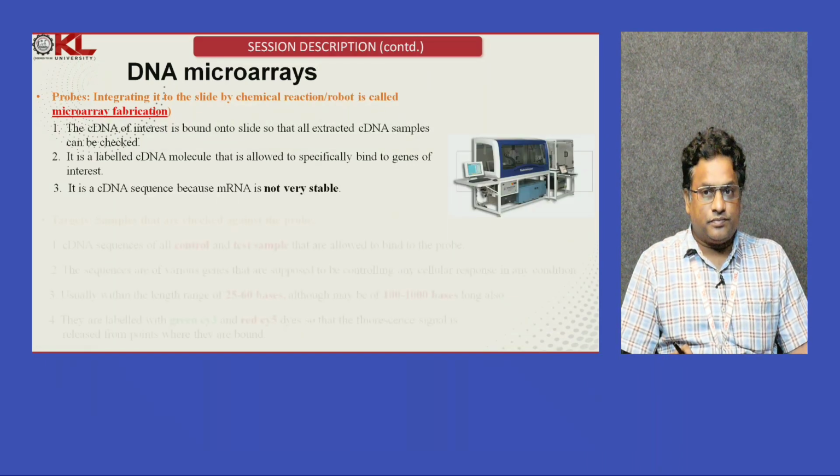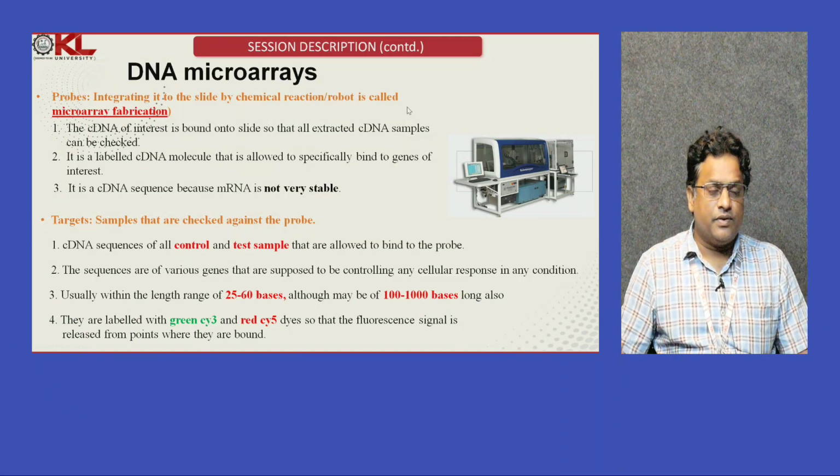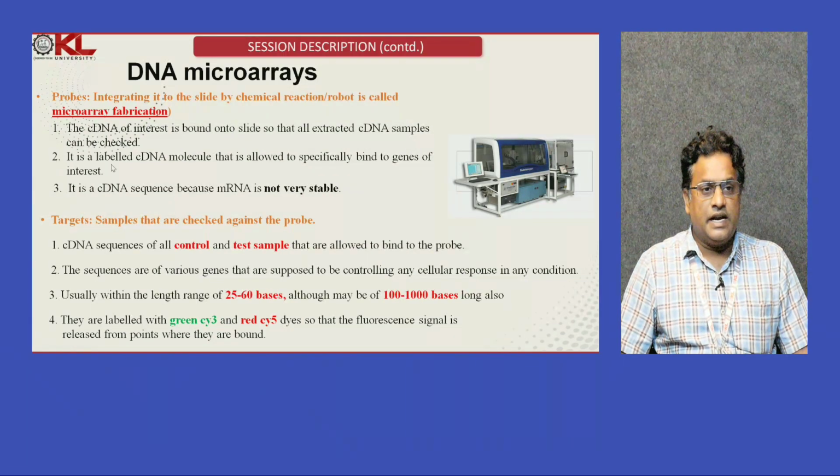This is how a DNA microarray station looks. You have a probe which is attached to a slide by chemical reaction, and you use robots for microarray fabrication. Then the cDNA of interest is bound onto the slide, so that all the extracted cDNAs can be checked, and the labeled cDNA molecules are allowed to specifically bind to the genes of interest.